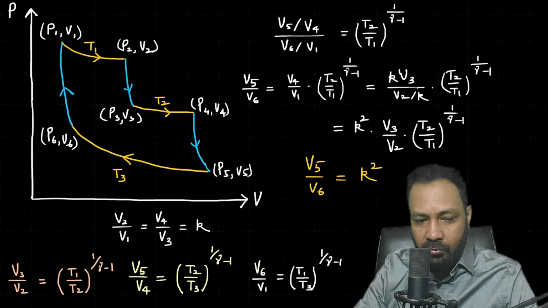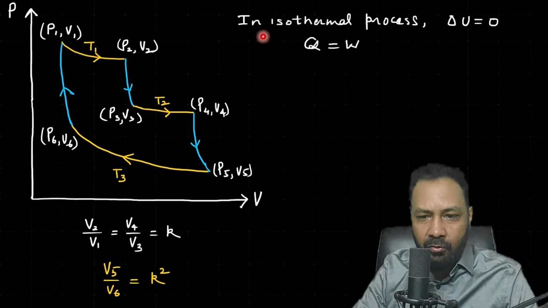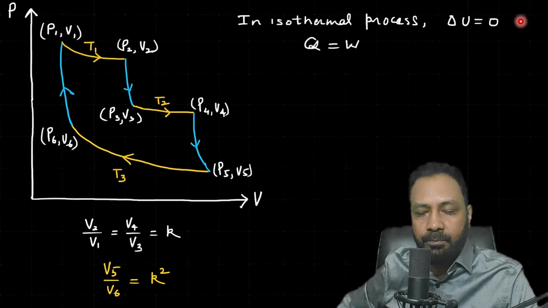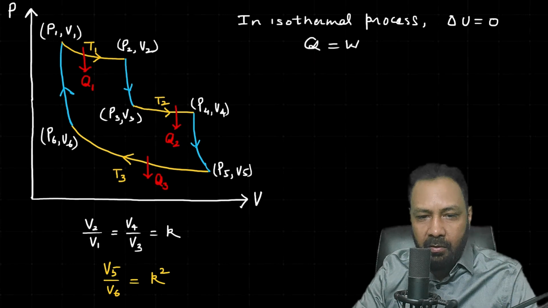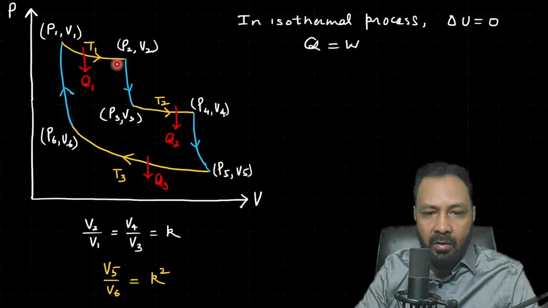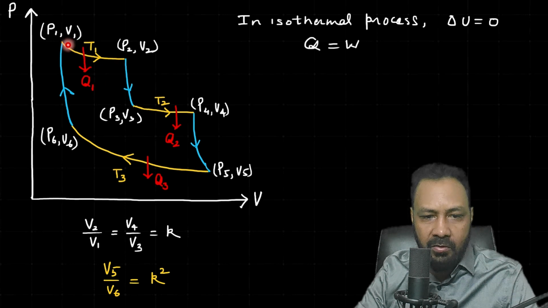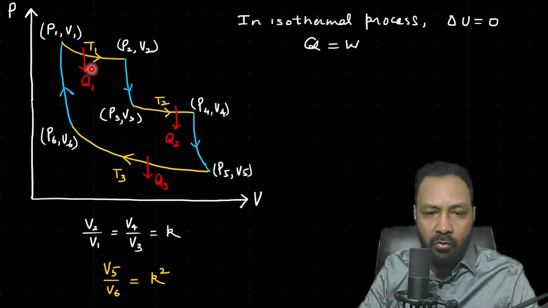And now we can proceed to find the efficiency. In an isothermal process, delta U is 0, so Q is equal to W. And for this part, this is an isothermal process. Whatever is the work, that is Q, as delta U is 0. The work done is positive because volume is expanded, so Q is positive.